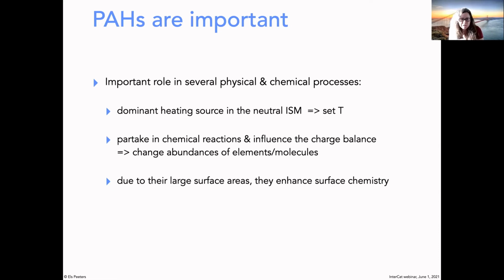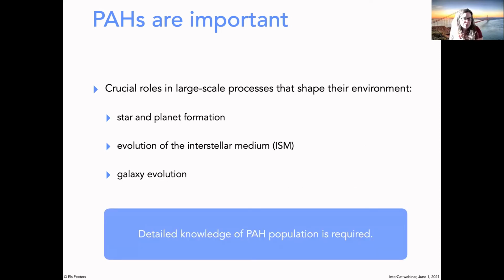And also these PAH molecules are flat molecules, planar molecules, and so they have very large surface areas, and so they can participate in surface chemistry or provide the surface area for surface chemistry. These are just a few examples of the ways that PAHs contribute on a microscopic scale. But because they're widespread and abundant, they are also important in large-scale processes.